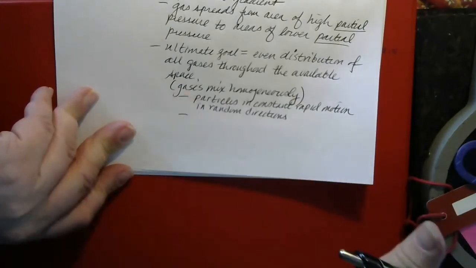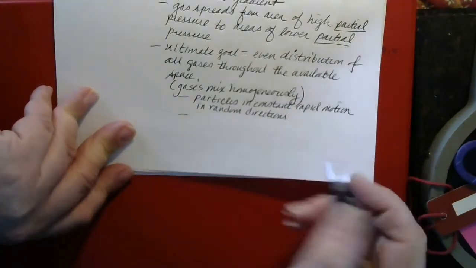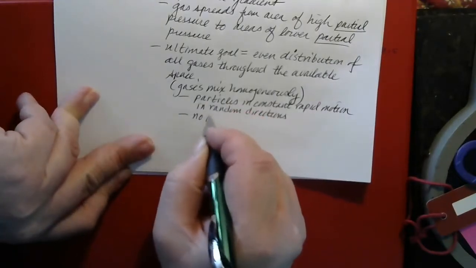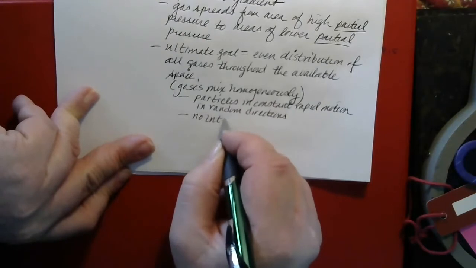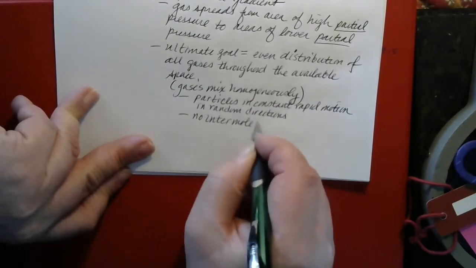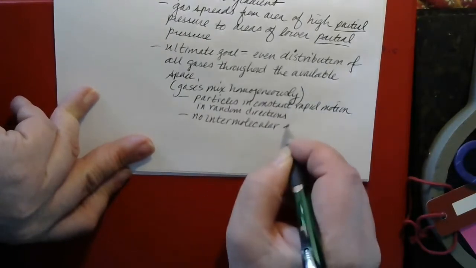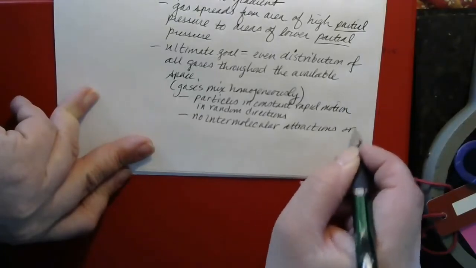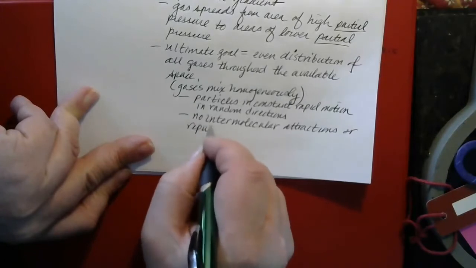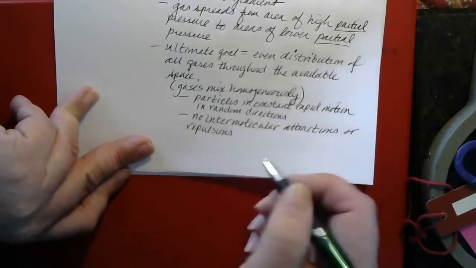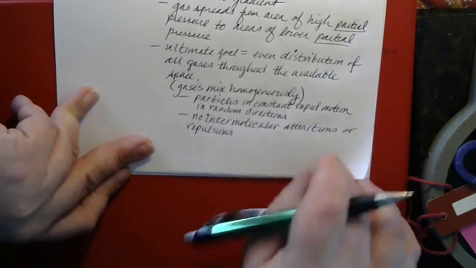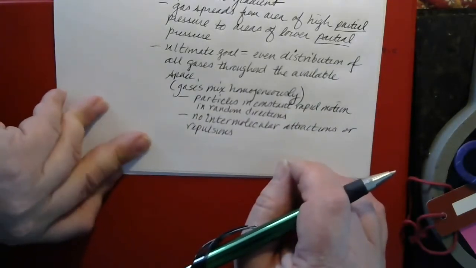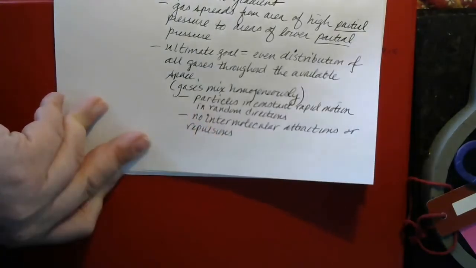They're going to spread everywhere because they're moving in random directions. And also because there are no intermolecular attractions or repulsions, except for when they collide. And then they just bounce off of each other and go in a different direction.